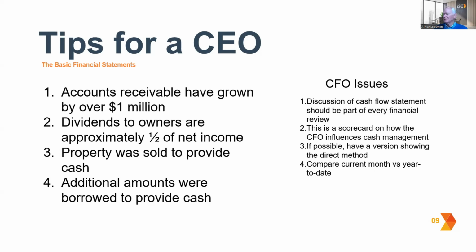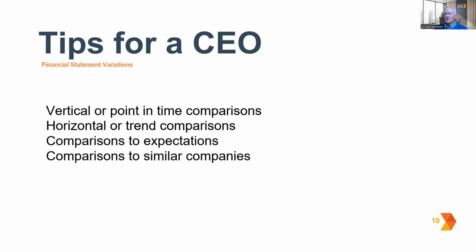Now I would like to proceed to talk about the different types of financial statements that I work on preparing. One is a vertical or a point in time comparison. We will look at an income statement that's a vertical or point in time.